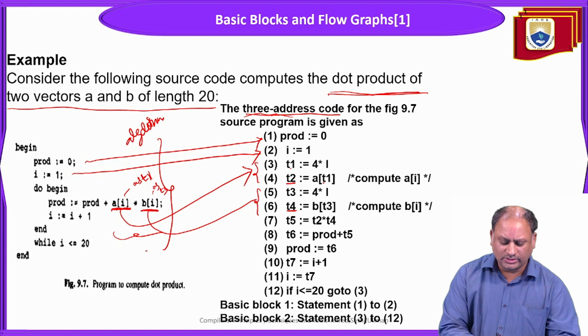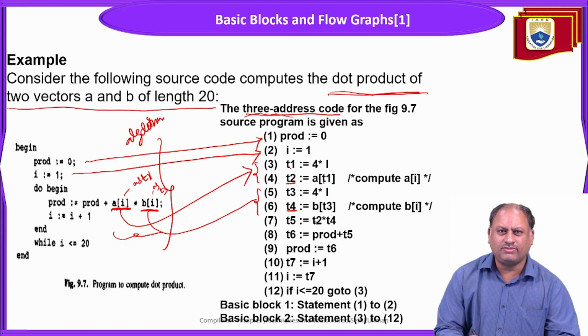Now we perform the star operation on both array values, T2 and T4, and we get the result T5. This is the actual result of the multiplication statement.